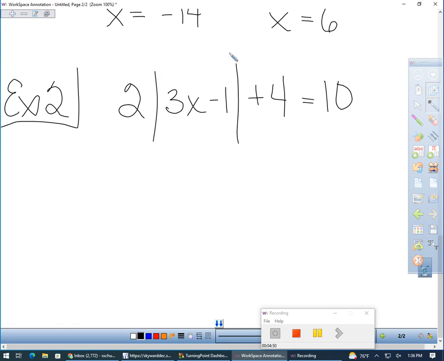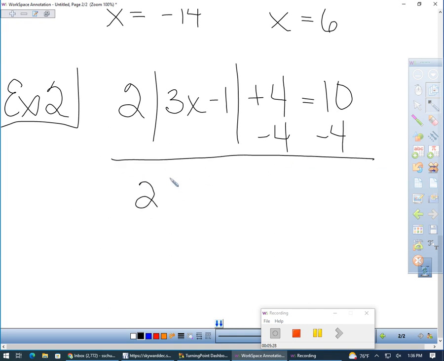These are like, I call them like a jail bar cell. You cannot get in there, right? You cannot distribute in. So the first thing we have to do is get this part by itself. Imagine this absolute value is just a variable. If I was solving for that variable, the first thing I would do is subtract 4, right? So I'm going to subtract 4 from the other side.